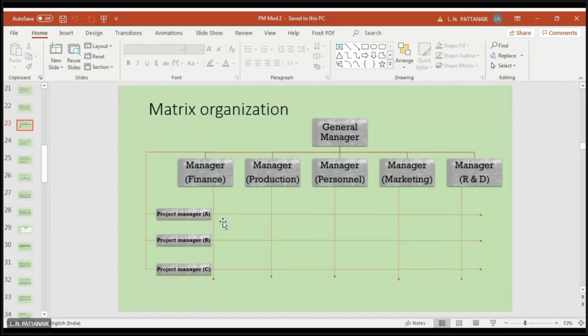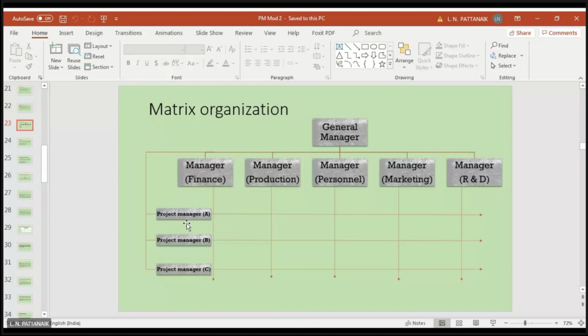Once it is complete, they will come back to their parent organization, or maybe headquarters. Similarly for project manager B, project manager C, they will utilize the functionalities of the company for that project purpose.